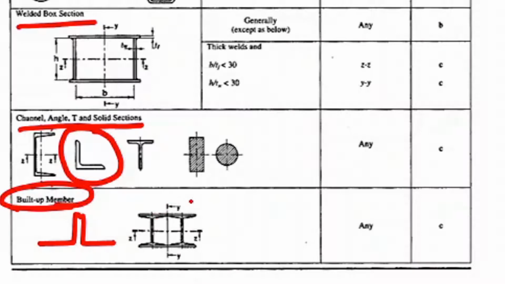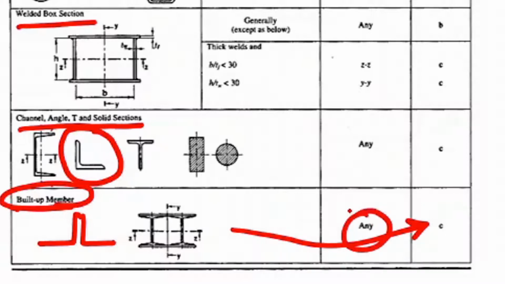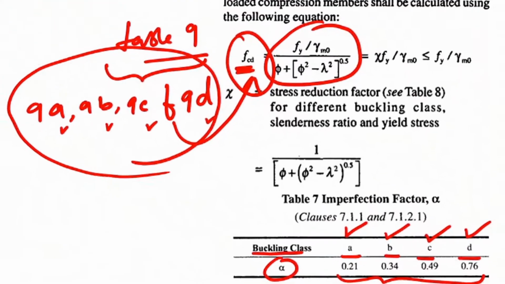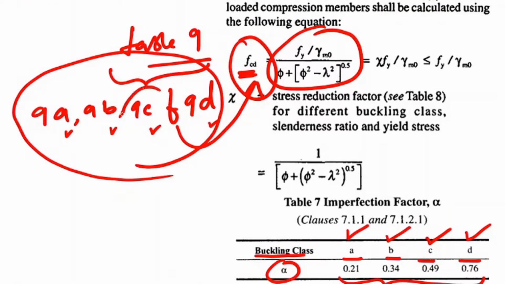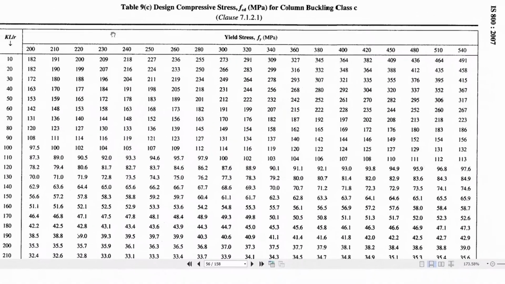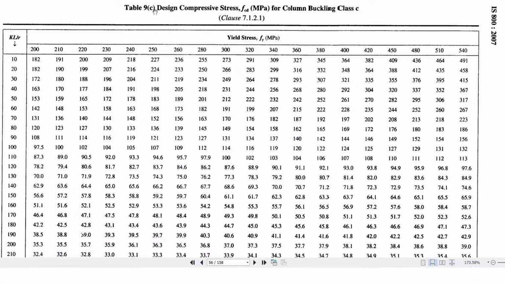For a built up section, the buckling class is C. No matter which axis it is going to buckle, the buckling class is C. That means we need to use table number 9C to find my design compressive stress FCD. Now I have table number 9C from IS 800 2007, and in table 9C we have two data.